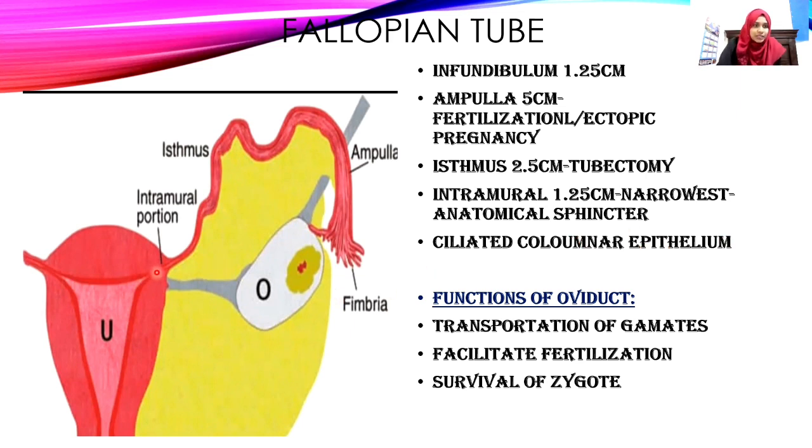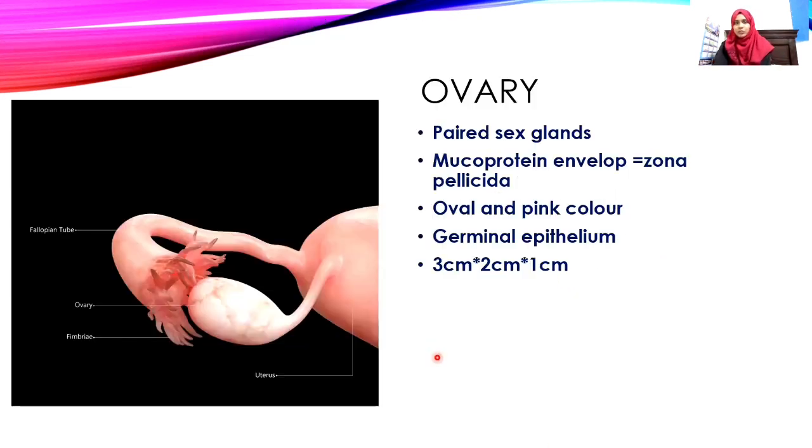Okay, the portion of the fallopian tube that opens to the uterus is called cornua. Okay, next are the functions of the oviduct. The functions of the oviduct, or the uterine tube, or the fallopian tube, are transportation of gametes, facilitation of fertilization, and survival of the zygote. Okay, so these are the important questions asked from the fallopian tube.